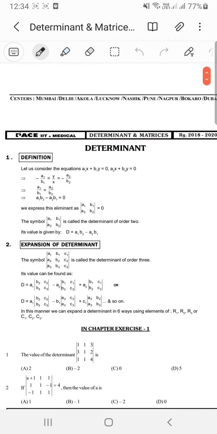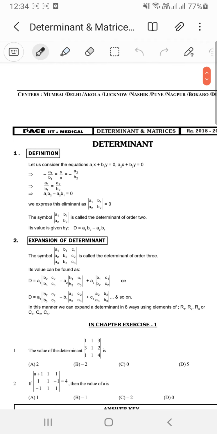Oh, we don't want the answer key right now. The value of the determinant 1 3 1, 1 1 3, 2 4 is, yeah, so this should be doable. So let's see, 1 into 4 minus 2, that would be 2, then plus 1 into 3 into 4. It's supposed to be like this, 2 4, and then you have a 3 1 over there, right?